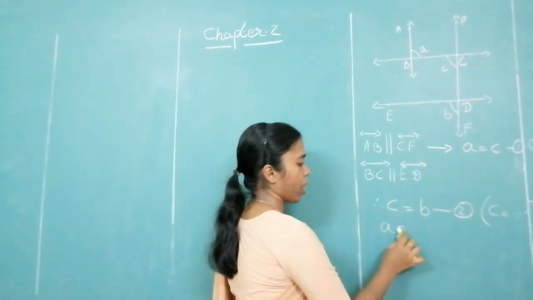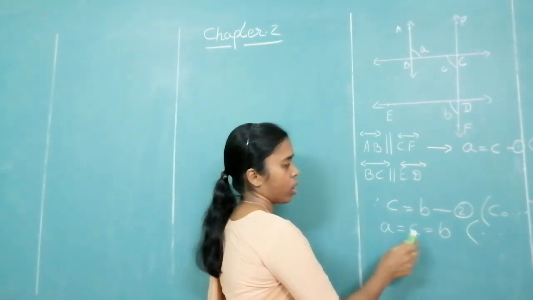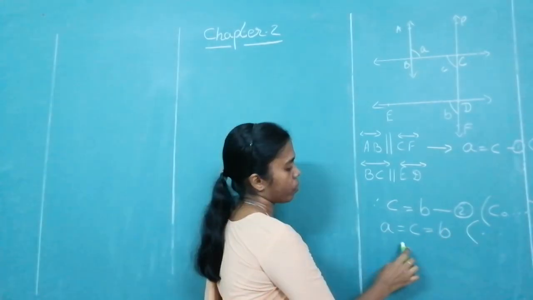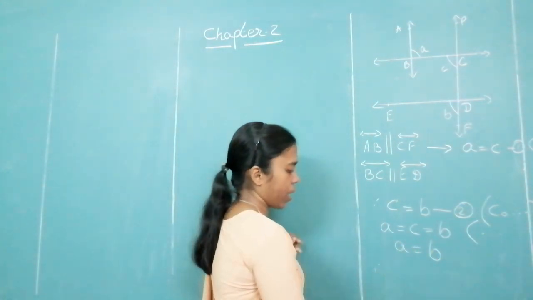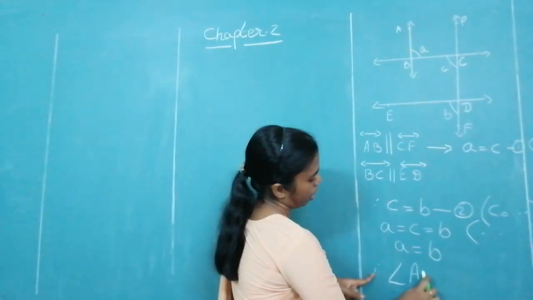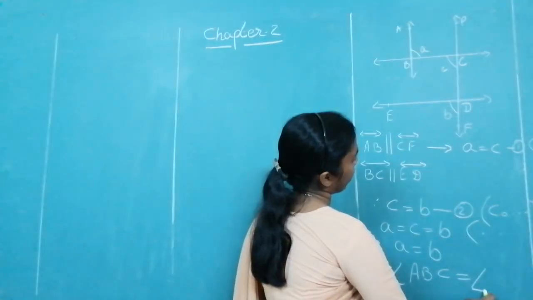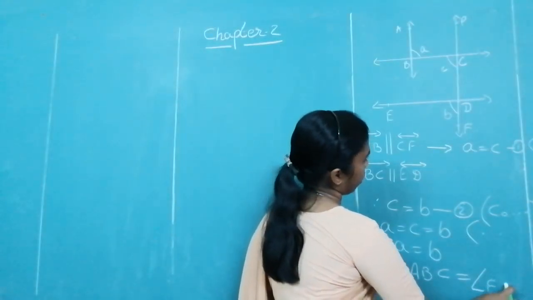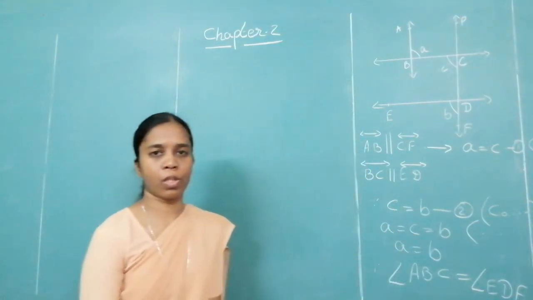I have A is equal to C is equal to B from 1 and 2. Therefore, what can I conclude? A is equal to B. Well, now what is A and B? Angle ABC is equal to angle EDF. This is what is asked.